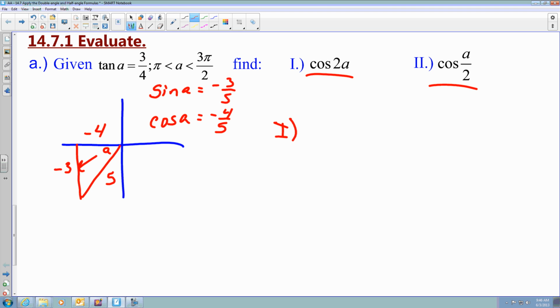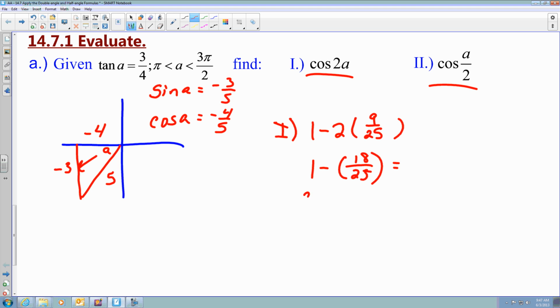So I'm going to say 1 minus 2 times the sine squared A. Well, sine A is negative 3/5, and squared it's going to be 9 over 25. So now I have 1 minus 18 over 25.